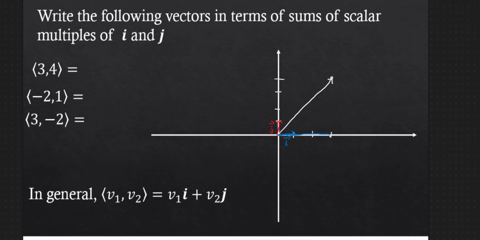So this vector here would be 3i, and up like this, maybe red for that, go 1, 2, 3, 4. This would be 4j. And so (3, 4) is 3i plus 4j.